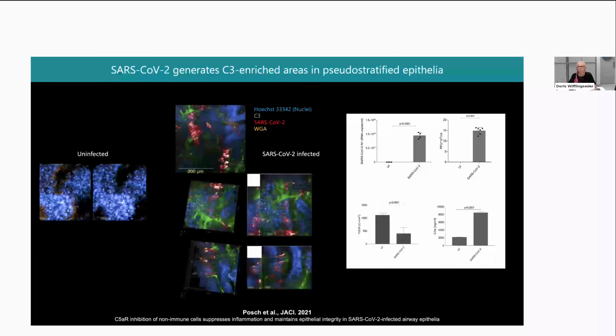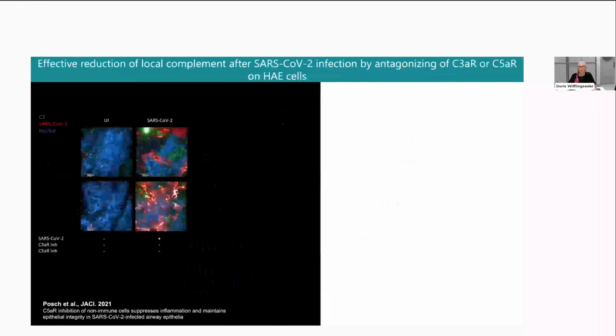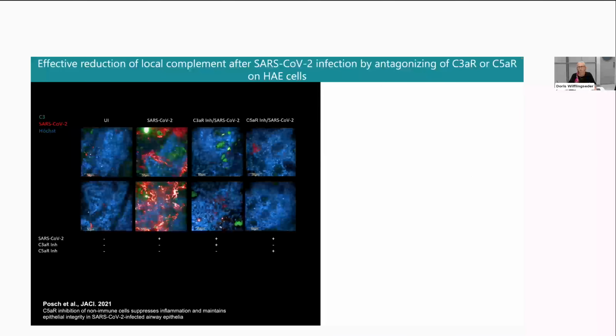This was accompanied by a drop in the epithelial resistance and, as said, a release of the anaphylatoxin C3a, which was significantly higher in SARS-CoV-2 infected tissues. Therefore, we asked whether we could stop this innate immune activation by adding complement receptor inhibitors. And this is what you can see here.